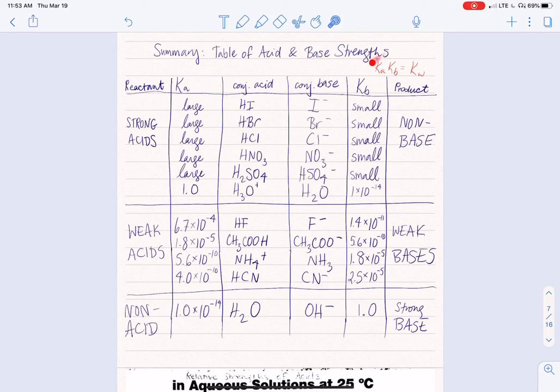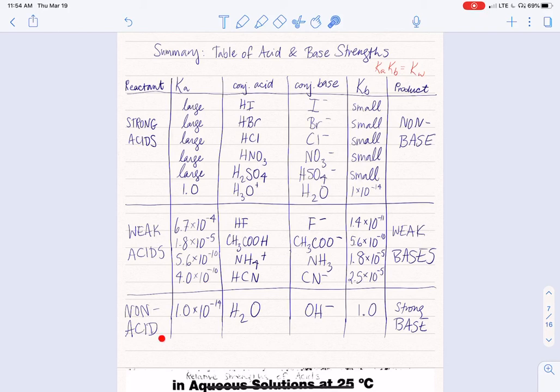So using this equation, I can calculate the Kb's for all of these bases. Notice that the larger the Ka, the smaller the Kb. This has a pretty small Ka, but a larger Kb. So the stronger the acid, the weaker the conjugate base. The stronger the base, the weaker the conjugate acid.